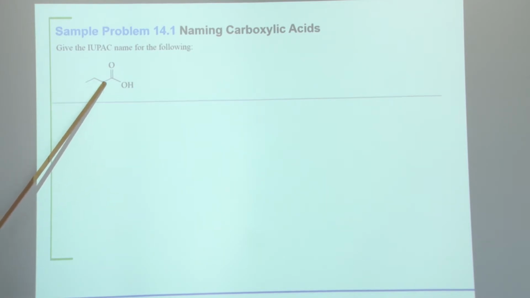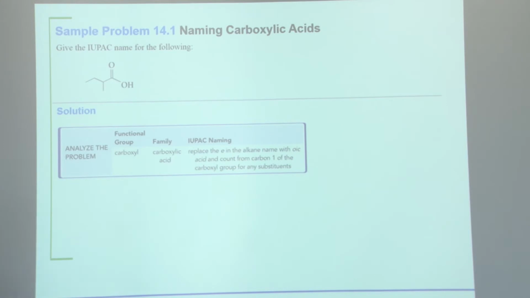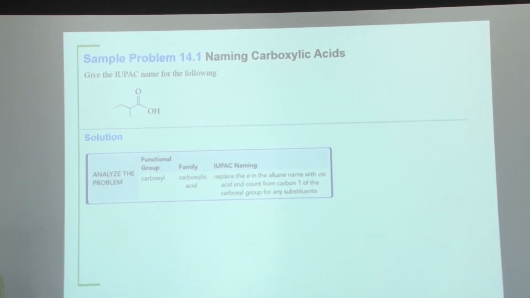1, 2, 3, 4. 4 carbons. 4 is but. Carbon 2 has a methyl substitution. So with all that in mind, butane, butanoic acid.